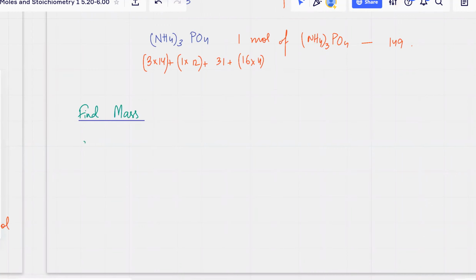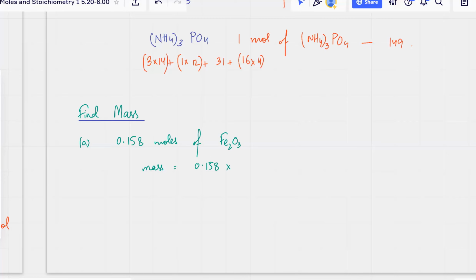और किसकी mass find करनी है? Number 1. Okay, I've got 0.158 moles of Fe2O3. तो mass क्या है इसकी? उसी फॉर्मूले को, mass would be moles multiplied by the molar mass.